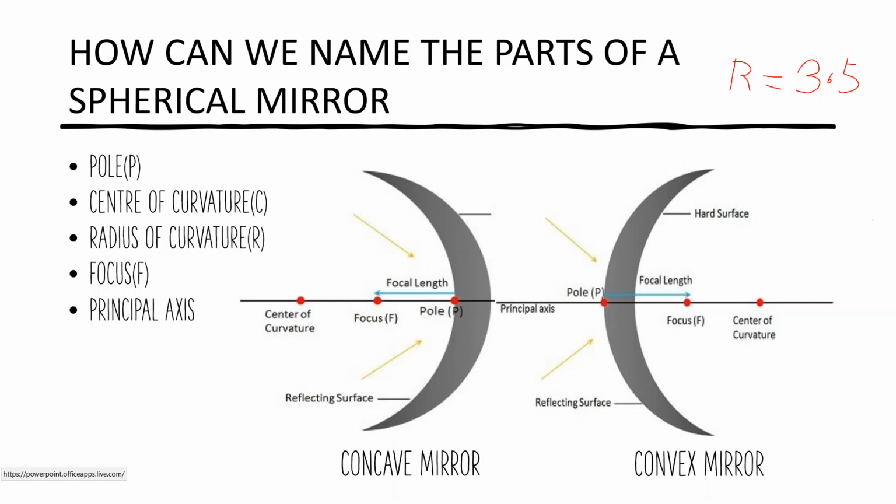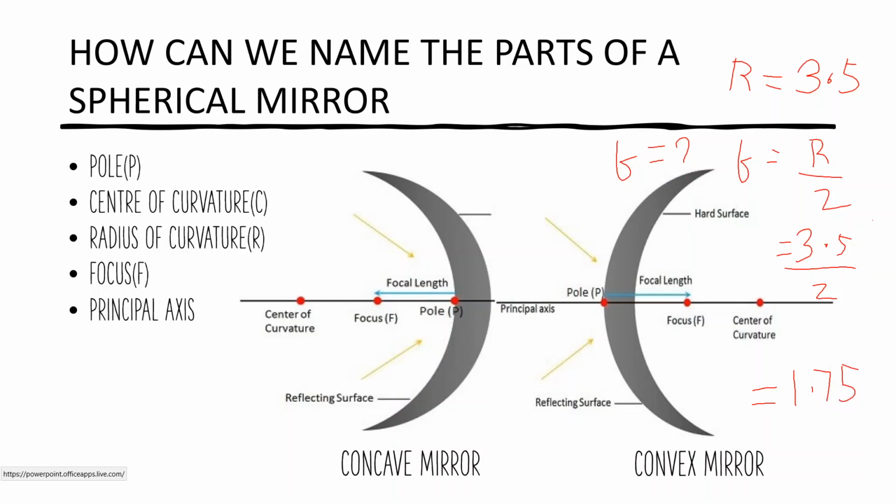You're going to do now: F is equal to what, they'll ask. Now F is equal to R by 2, which is equal to 3.5 by 2. That is going to be equal to 1.75.